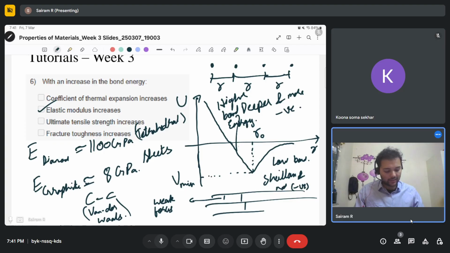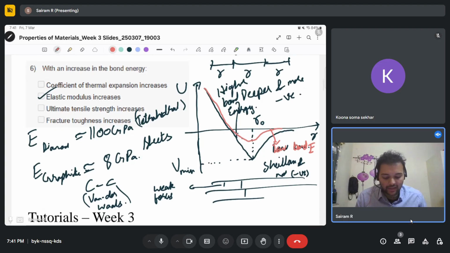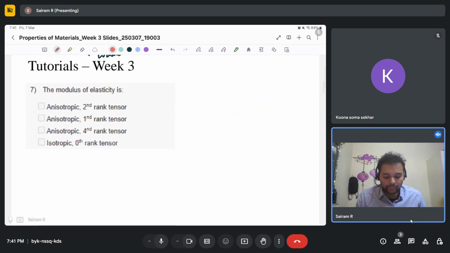It will have something like this; it could be something of this sort. The answer for this question is that with an increase in the bond energy, the elastic modulus increases.